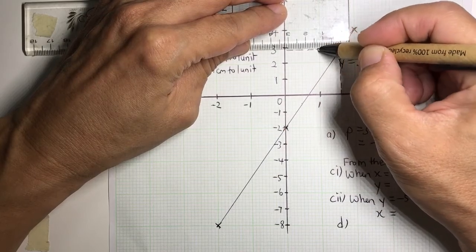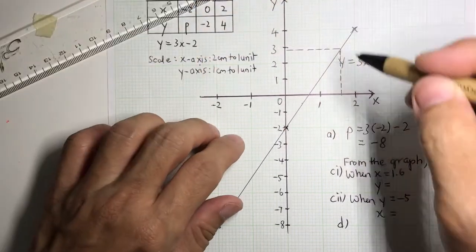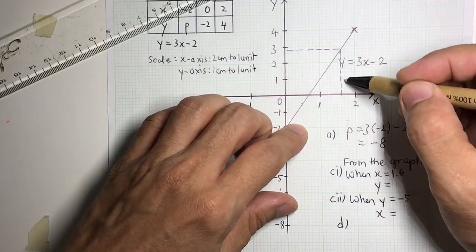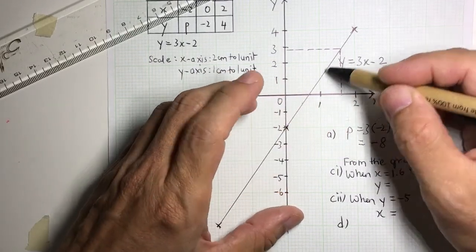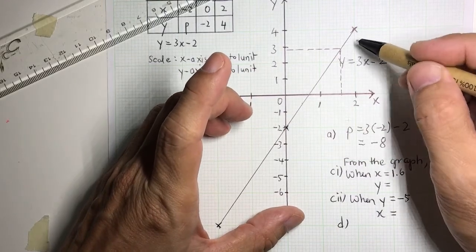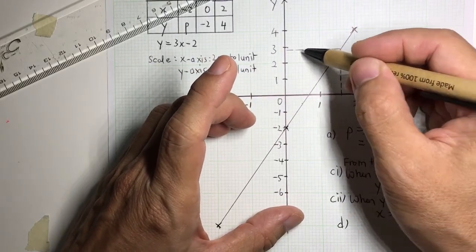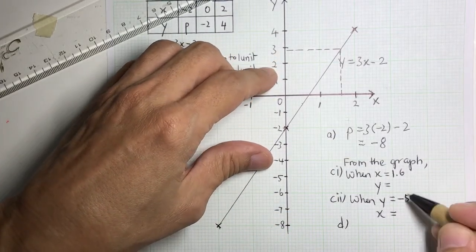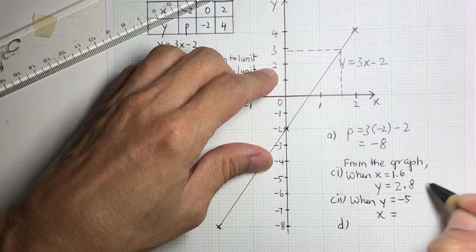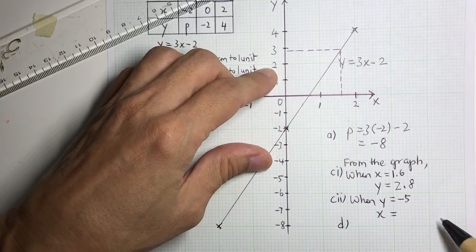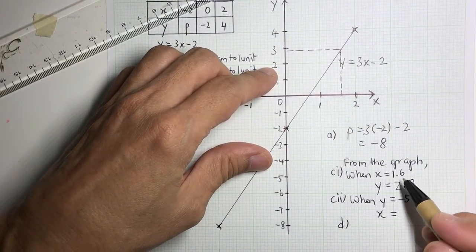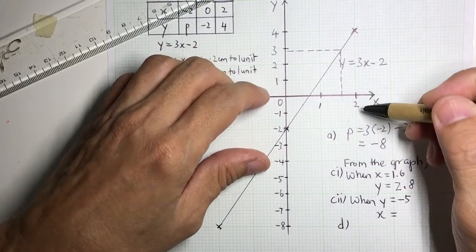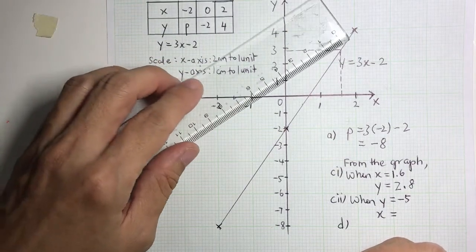To obtain the value of y, x is 1.6. We trace a dotted line to the line that we plot and trace all the way to the y-axis. That gives us 2.8. We cannot calculate the value because the question wants us to read from the graph. So we must show the dotted lines to show that we have read from the graph.